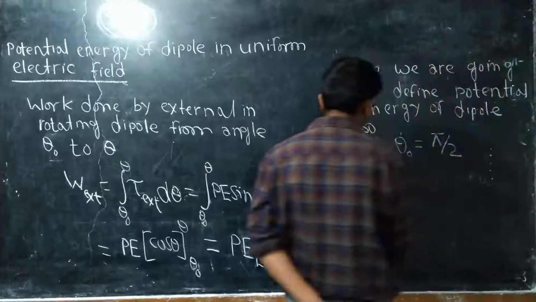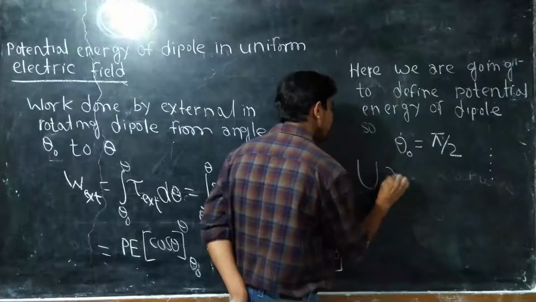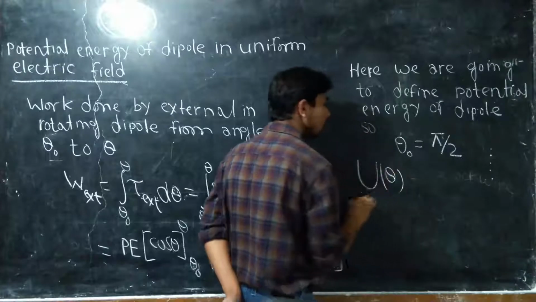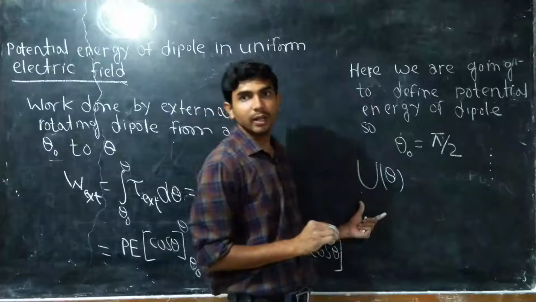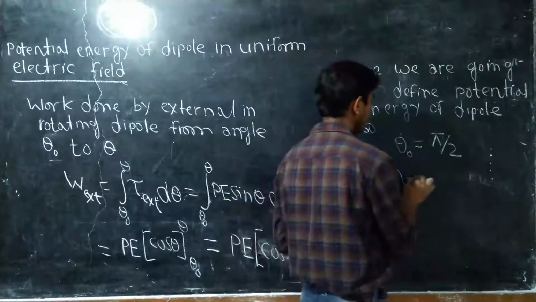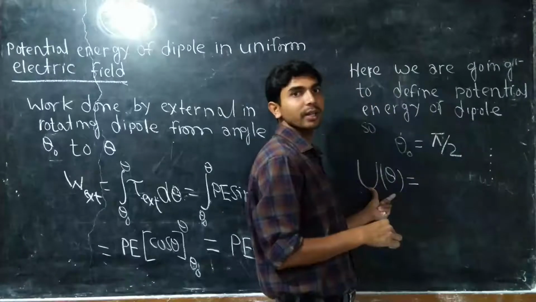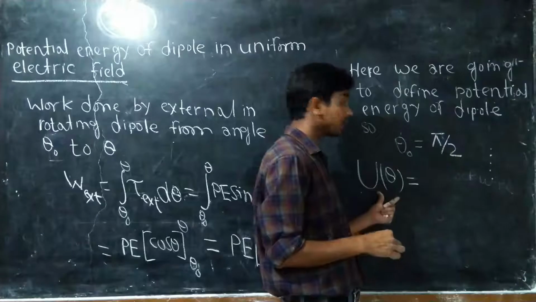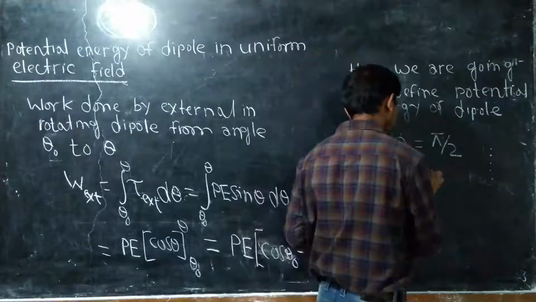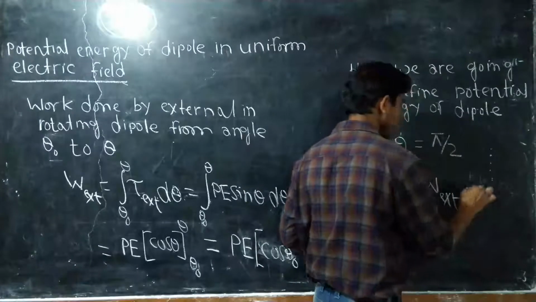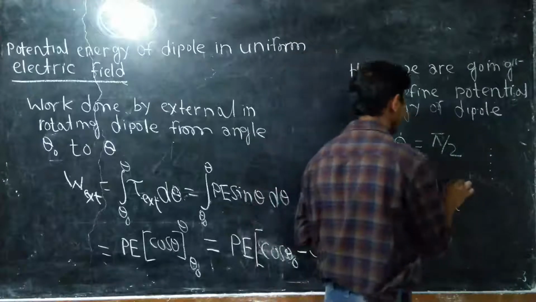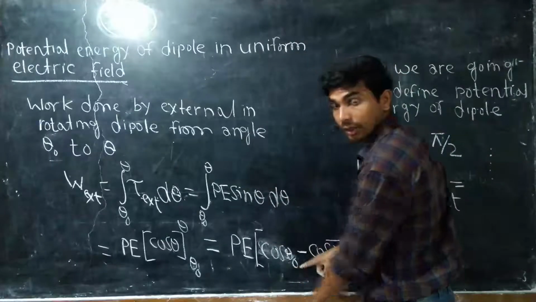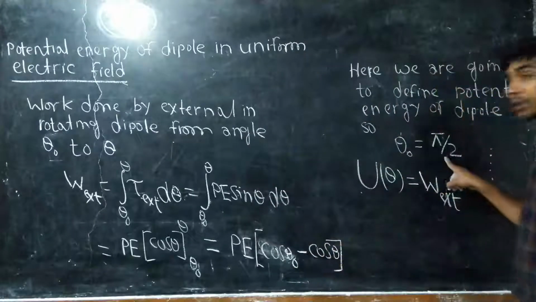So we can write finally, potential energy at angle theta is equal to W external, right? And W external is how much? This much, right? And theta 0 is how much?